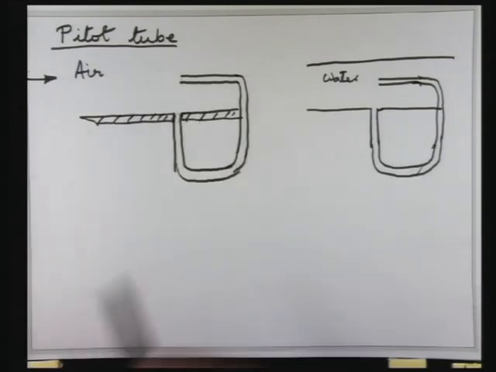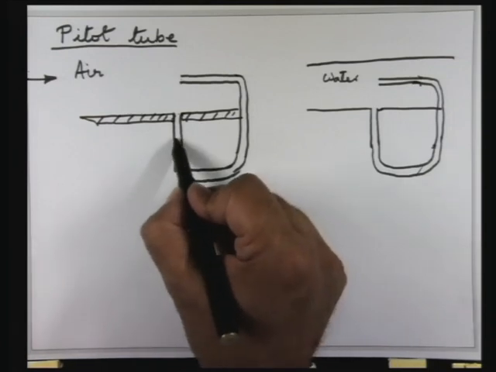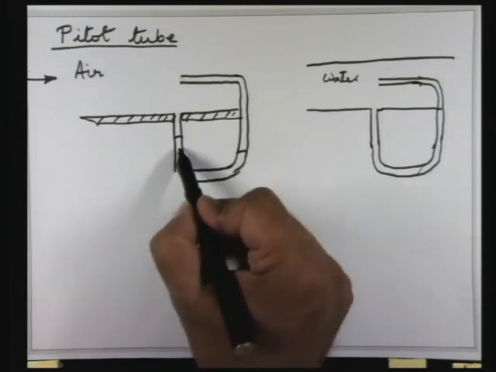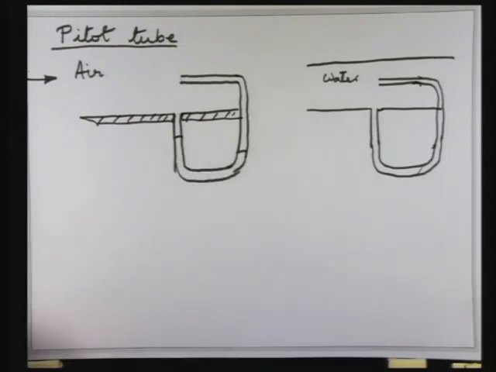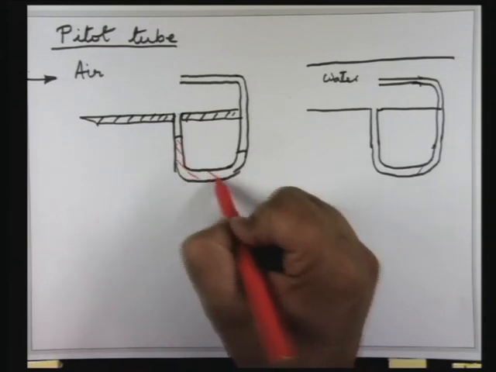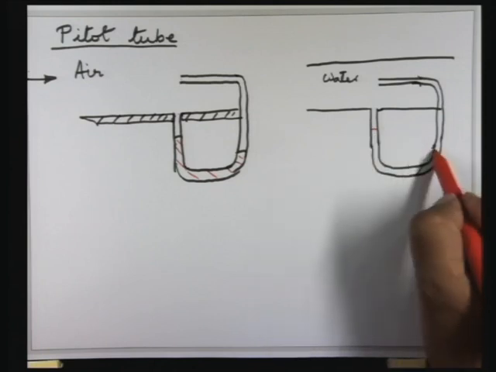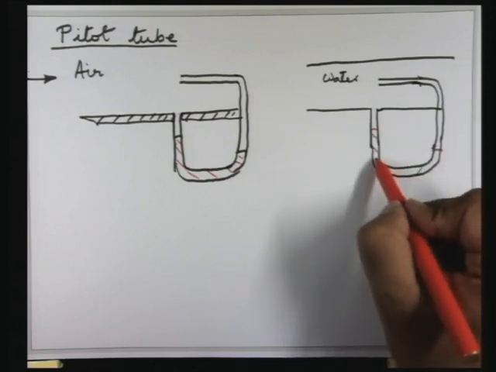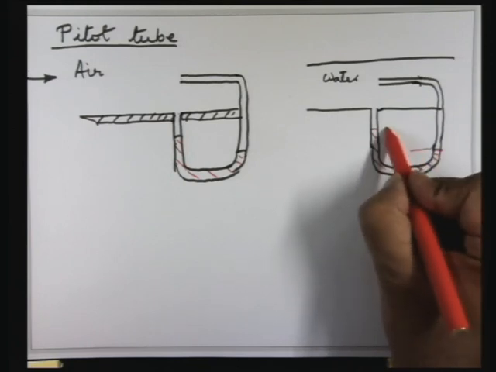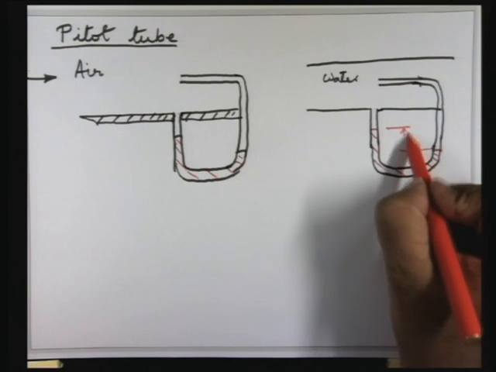Okay. So if I show the manometer levels, you may have something like this. Let us say this is your manometer fluid. And this manometer deflection, suppose I say is H with a subscript m.